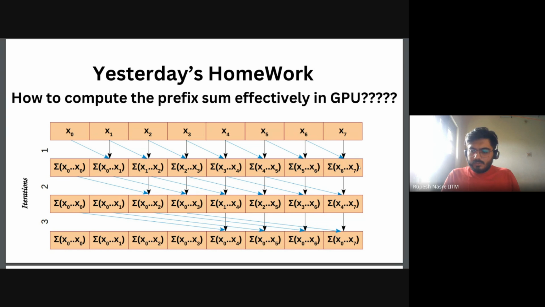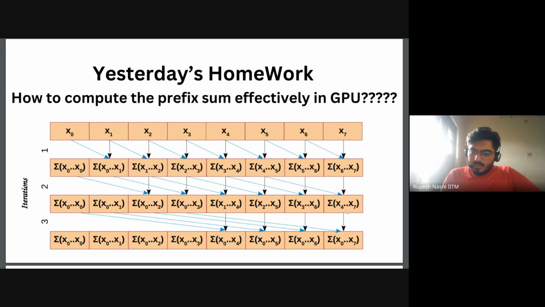So if the current value is i, then we are checking the ith value plus the i minus 1 value, right? In the second iteration, if you look closely, we are summing the ith value plus the i minus 2's index value, right?